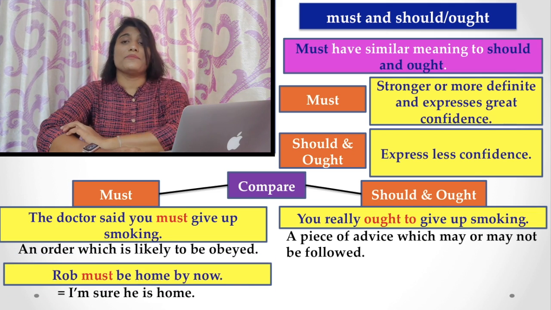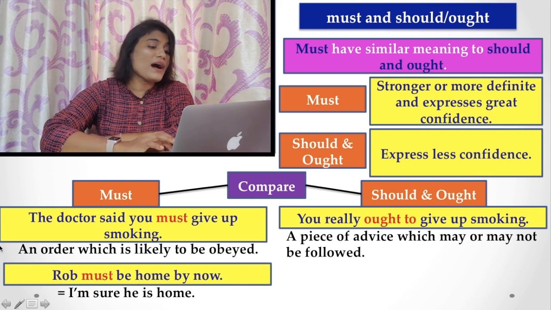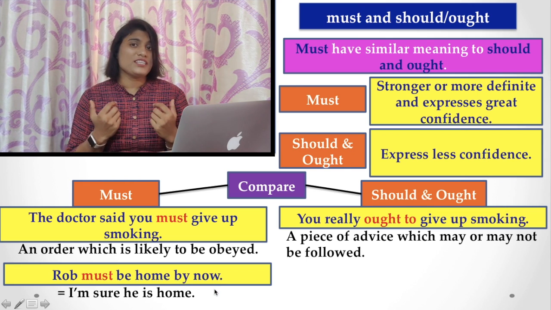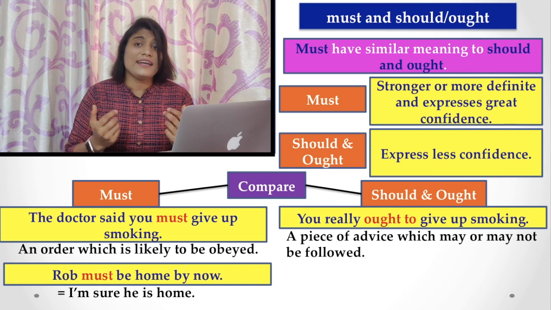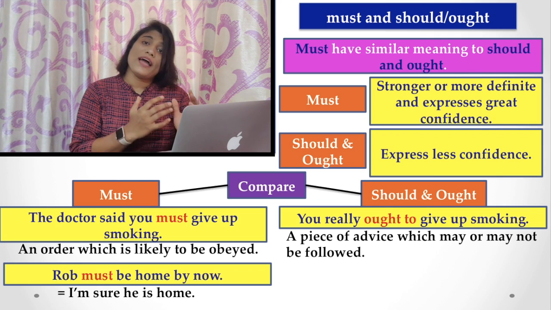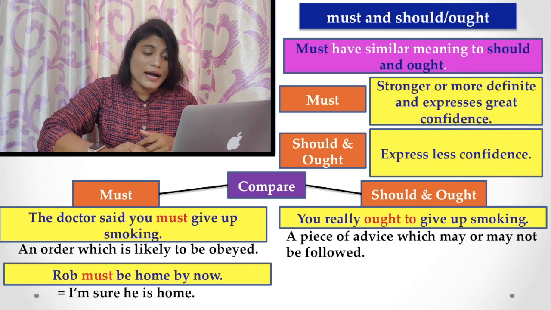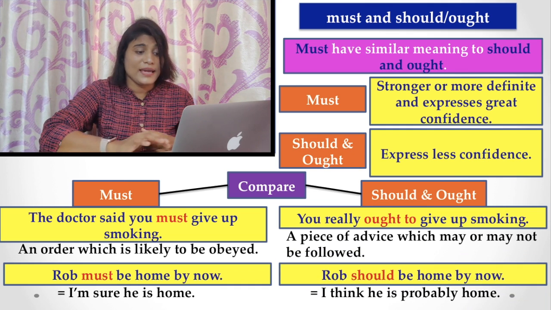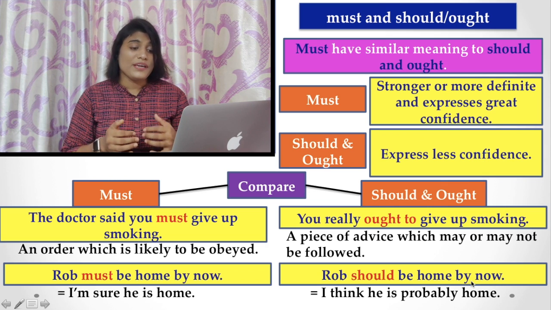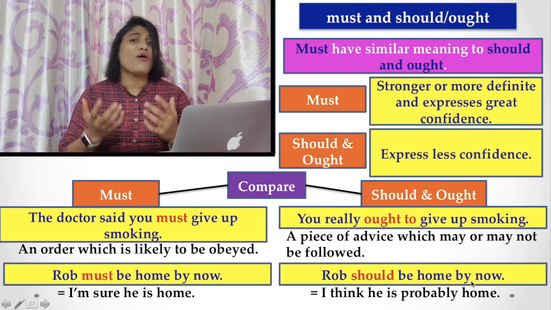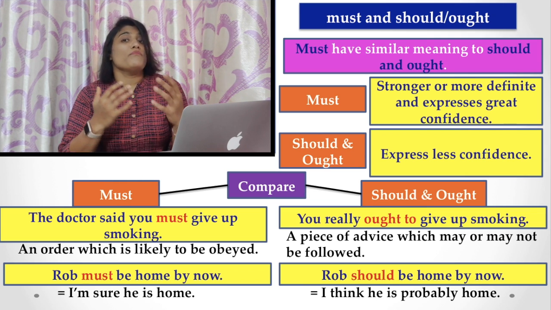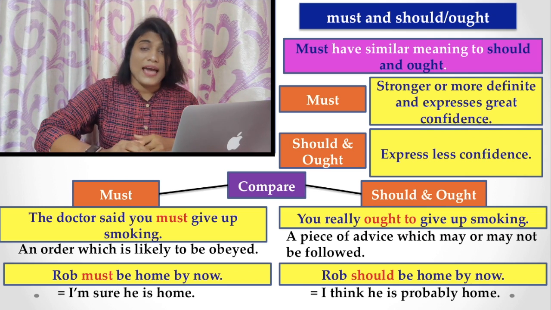Another example, Rob must be home by now. That means I am pretty sure that Rob is at home. But if I say Rob should be home by now, that means it is a probability or a prediction on my part, that Rob may or may not be at home.